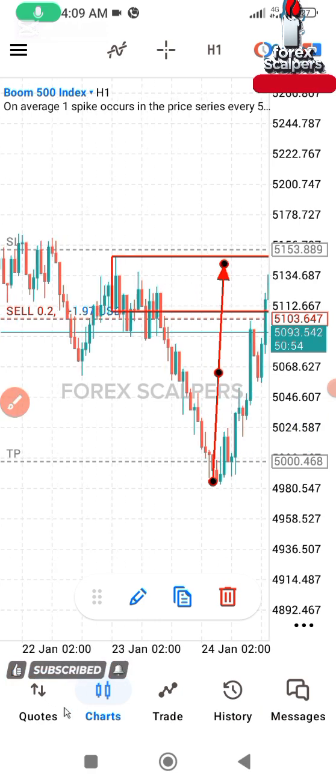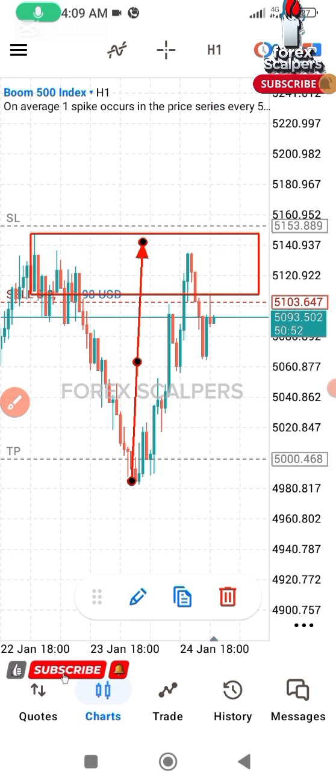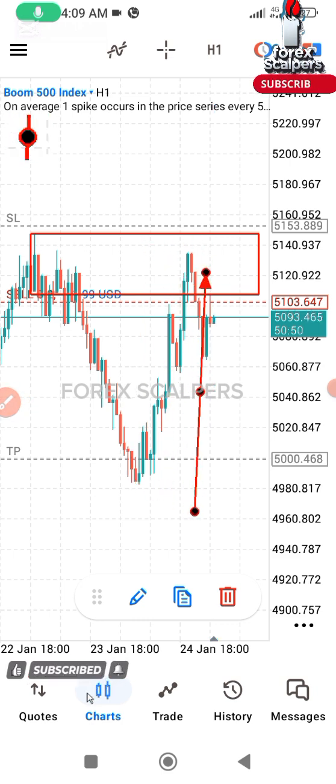And true to it, price pulled back into our order block. So now that price has come into our order block, we are not going to make entry in isolation.